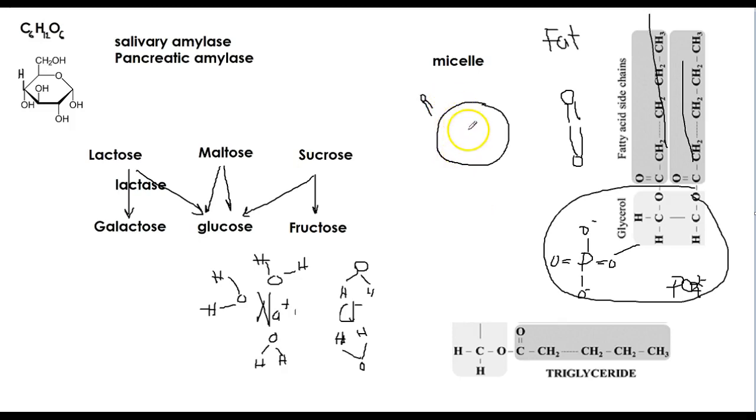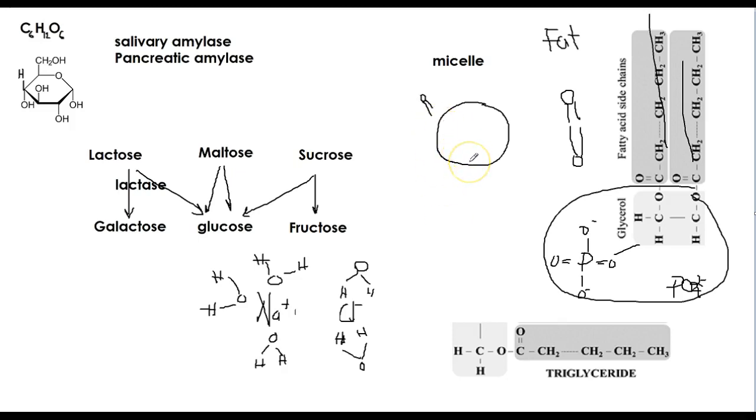Inside of this micelle, you're going to have the glycerol and the fatty acids, which are breakdowns, these are monomers. You're also going to have cholesterol and your fat-soluble vitamins, and that's how it's going to be absorbed into your intestines.